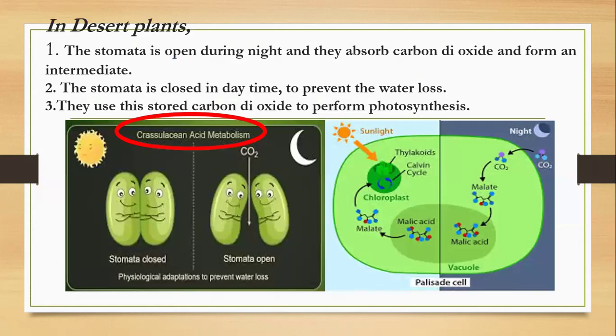So in our normal plant, it is happening. Okay, so it's very nice. But what do you think about the desert plant? Are they performing in the same way? No. Why not? Because as it is a desert, there is no water or a very small amount of water.